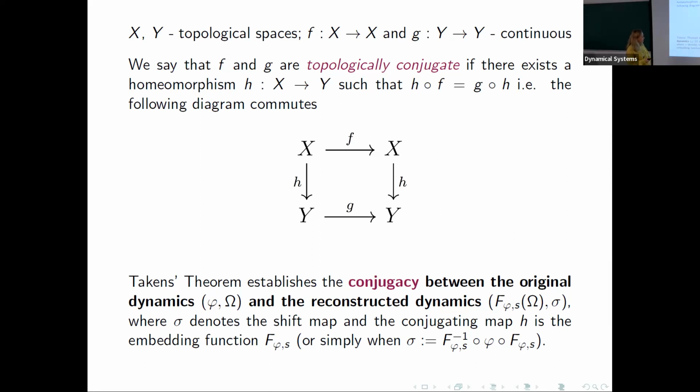So this means that if we have, for example, two time series that may look totally different, but they come from the same system, and we make their time delay embeddings, and in both cases we choose a good embedding dimension, then although they may come from different measurements, they actually give us the same information.